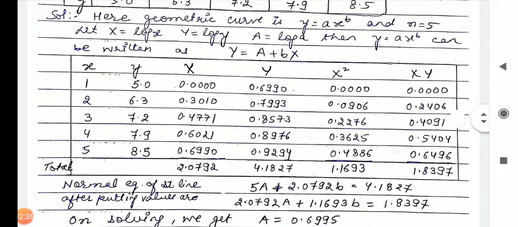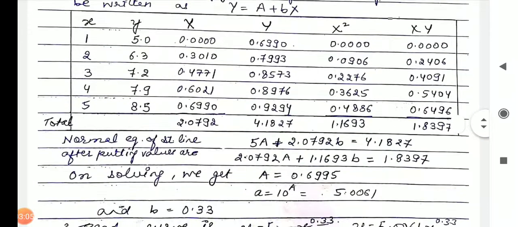Normal equations we have already done in the previous lecture for the straight line. I am again taking into consideration the normal equations for fitting a straight line. It is summation Y is equals to n times capital A plus b summation capital X, and the second equation will be summation of capital X capital Y is equals to a times summation capital X plus b times summation of capital X square.